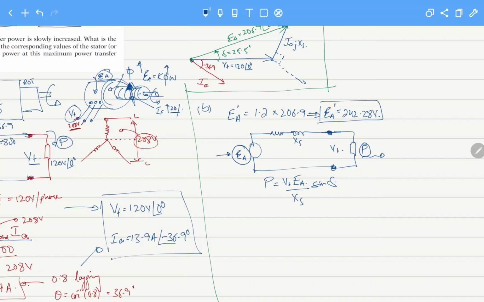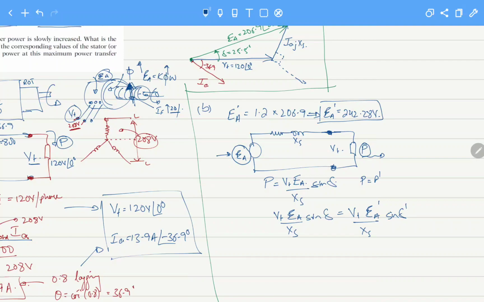For both cases, as we know that P equals P prime, we can write this as Vt and EA over X_S sine delta equals Vt EA prime over X_S sine delta prime. The terminal voltage will again remain the same, but the internal generated voltage is changed, the synchronous reactance is the same, and the power angle is changed.